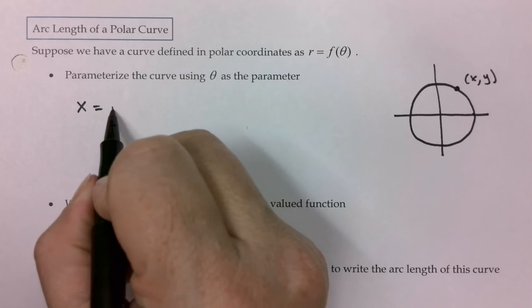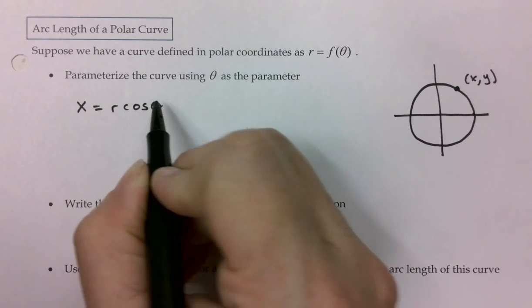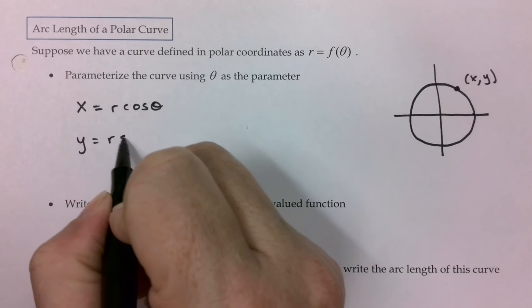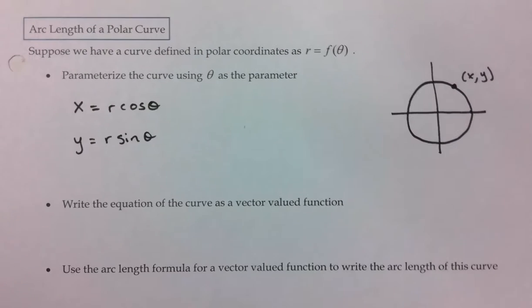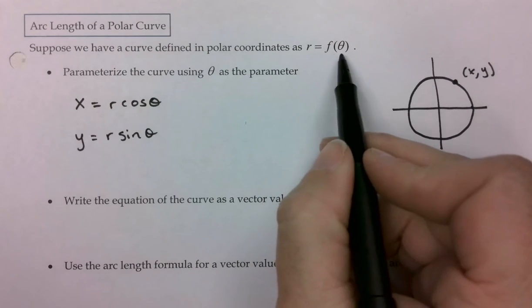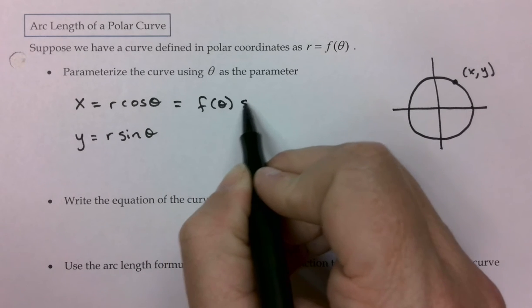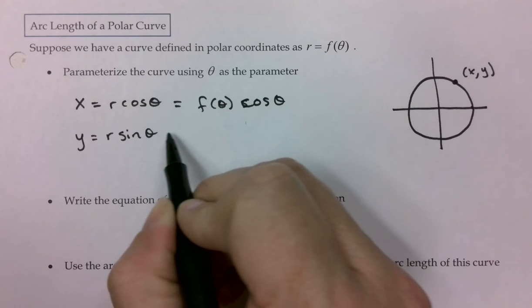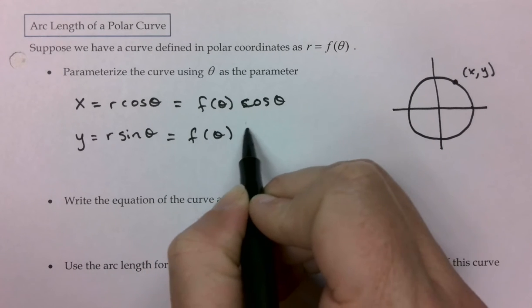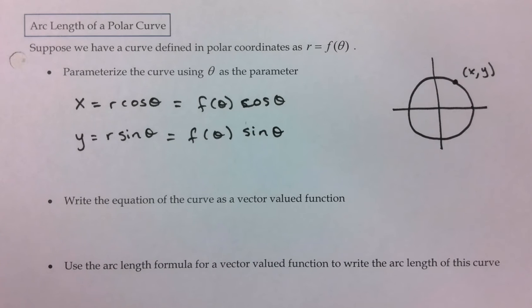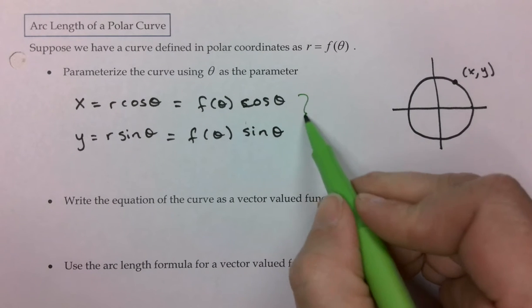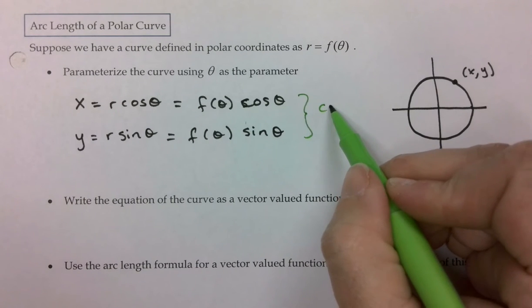We learned that x is equal to r cosine theta and y is equal to r sine theta. And then we also redefined r as a function of theta. So you'd say that's f of theta cosine theta, f of theta sine theta. We learned all of this when we first learned polar form in Calc 2, right?